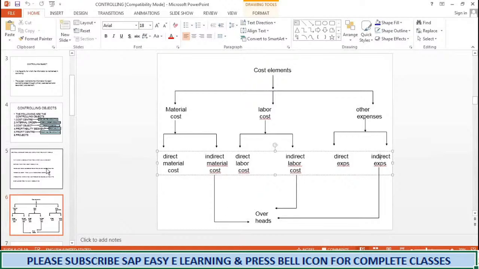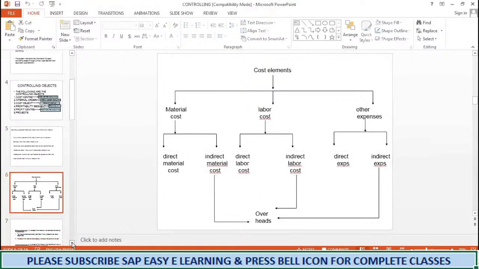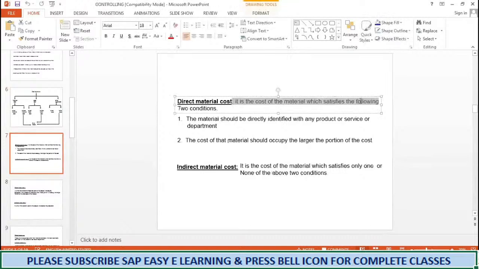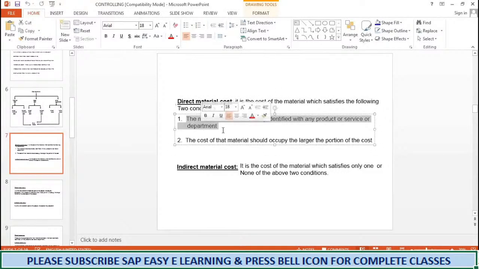So what is direct material cost? It is the cost of the material which satisfies the following two conditions. One, the material should be directly identified with any product or service or department.